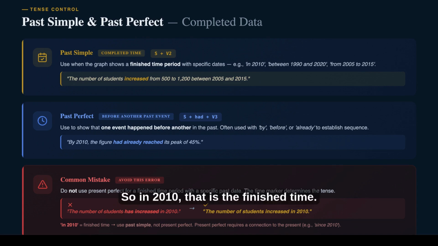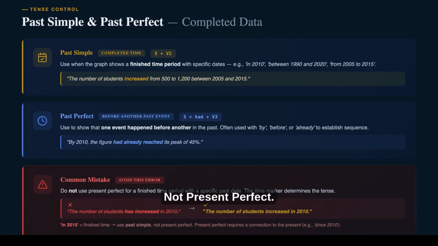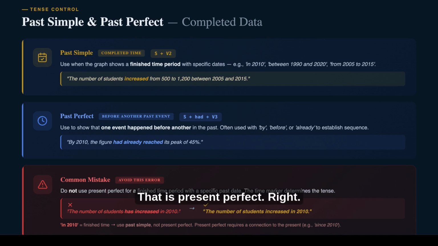In 2010, that is the finished time, and it signals you to use a simple past tense or past simple, not present perfect. As you might already know, present perfect requires a connection to the present. Something happened in the past and still continues to the present. That is present perfect.